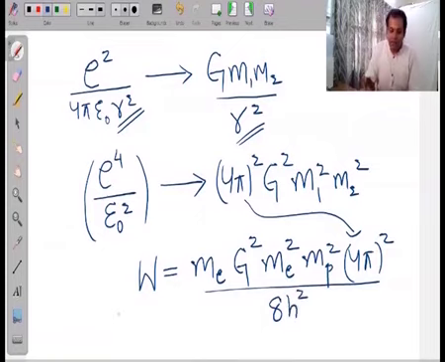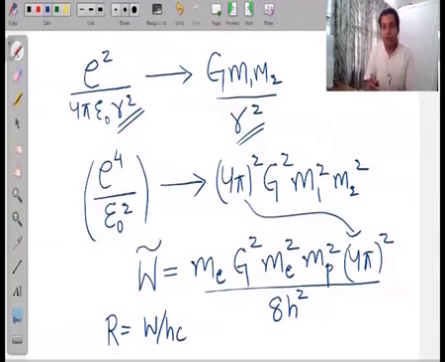And from there I can write the Rydberg constant as W upon Hc. Now I can call this W tilde to distinguish it from the ionization potential of the hydrogen atom, because this is a hydrogen-like atom with gravitational interaction. So I've added a tilde over here to distinguish this from the pure hydrogen atom, which is based on electrostatic interaction. Let's go to the next slide.